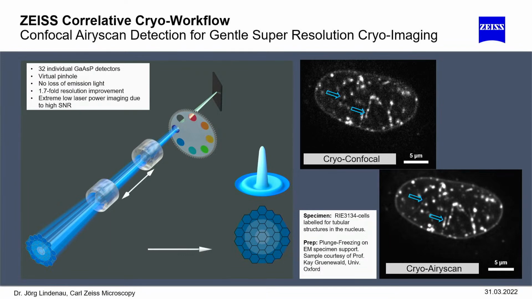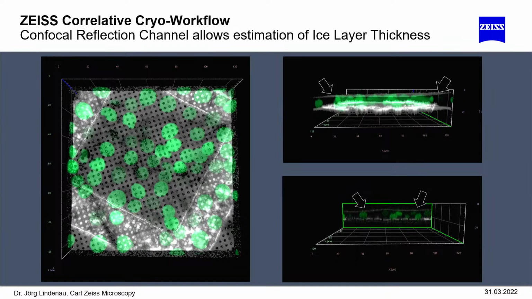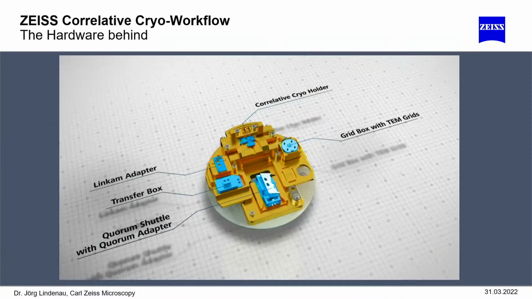Nevertheless, we need to keep in mind that we always have a distance between the sample and the objective lens, so the NA is not the same as you have in the dipping lens. One more important thing is that the confocal microscope also allows us to set up a reflection channel which shows the ice surface. So we always know how deep under the ice the fluorescence is. It's quite a nice additional feature that we can use here.